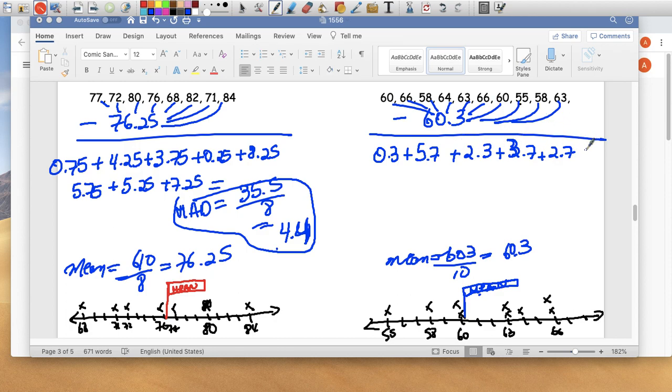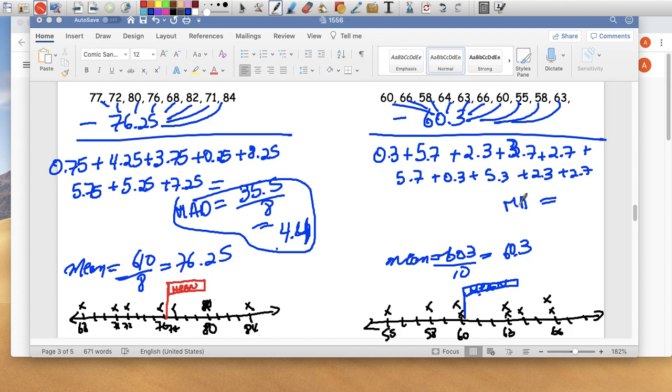From 66, it would be 5.7. From 60 would be 0.3. From 55 would be 5.3. From 58 to walk to 60.3, you would walk 2.3, and then the last one's 2.7.